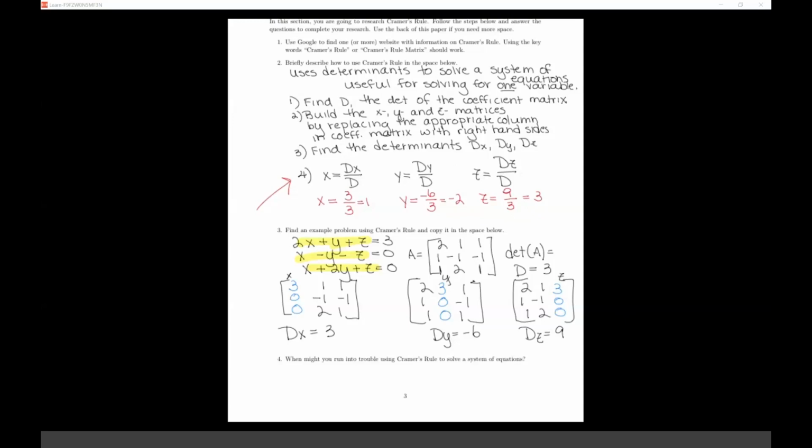Yeah, pretty much. Jesse is putting something in the chat and he's saying, when the determinant of the coefficient matrix, D, is 0. See all these D's in the denominator? If D is 0, you have undefined answers. So if D equals 0, it won't work.